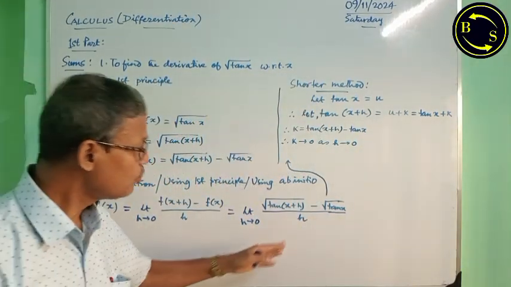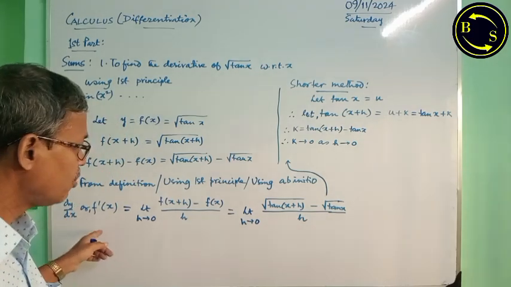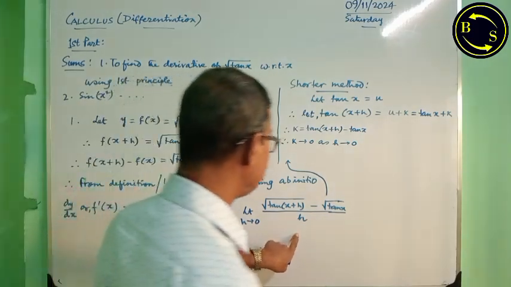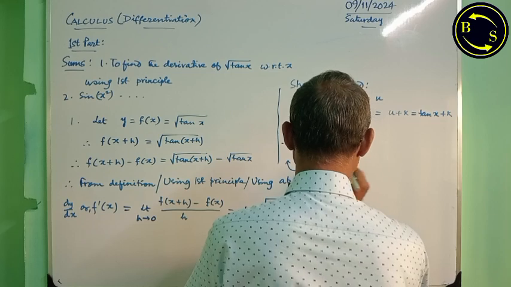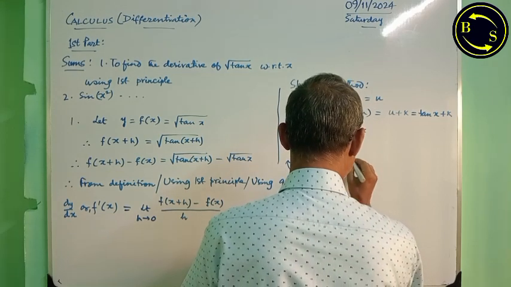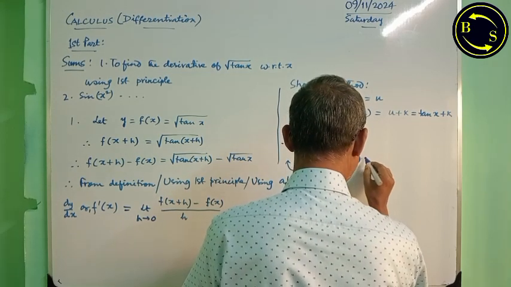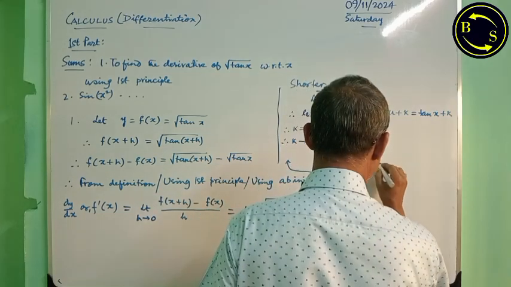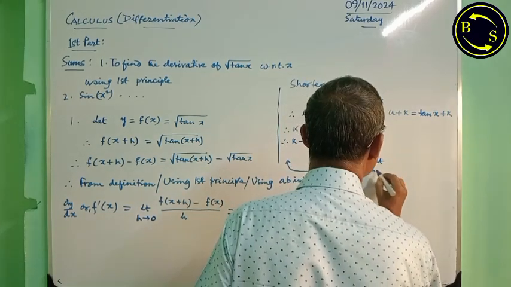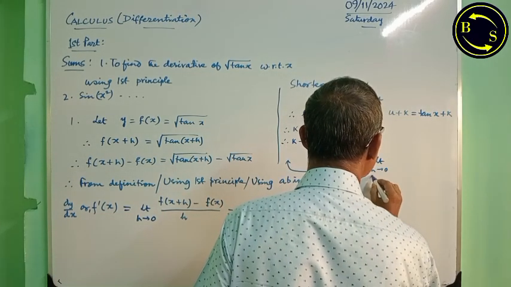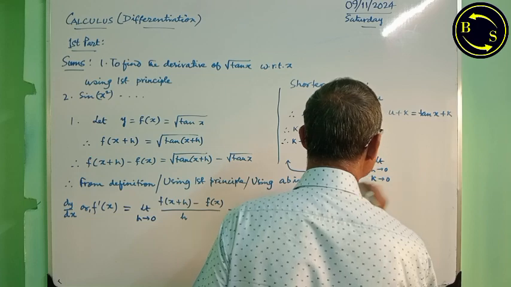Then dy by dx or f dash x can be written as, therefore f dash x is equal to limit h tends to 0, also k tends to 0.